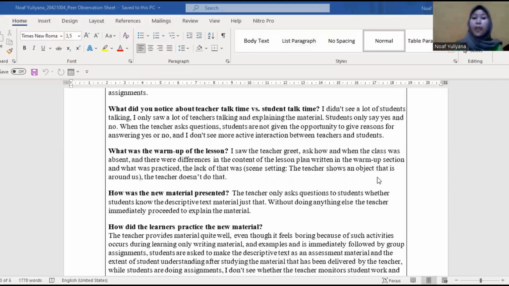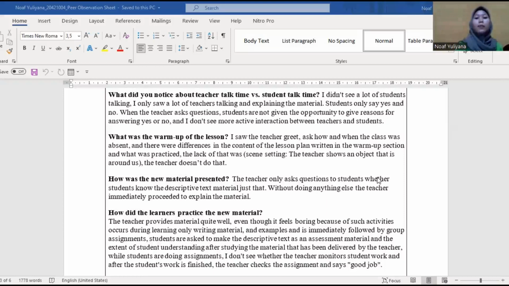Students only said yes and no when the teacher asked questions. Students were not given the opportunity to give reasons for answering yes or no. And I don't see more active interaction between teacher and students.